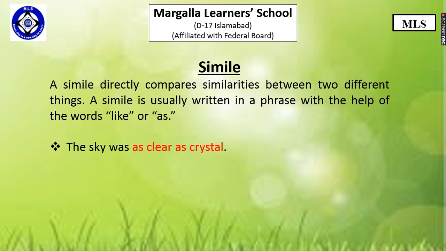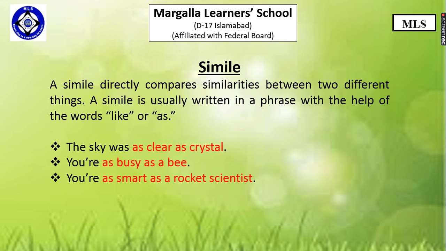Now, let's see another example in which Fatma says, "Oh, so you are as busy as a bee." In this sentence, you means Hadia is being compared with bee, and she is saying that she is as busy as a bee. Let's look at another example which is on page number 5, that you are as smart as a rocket scientist.